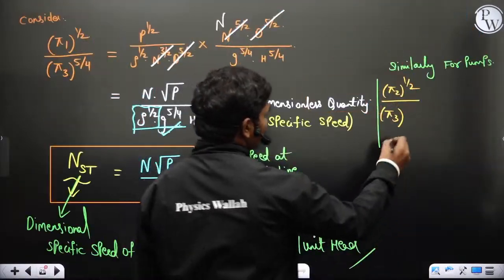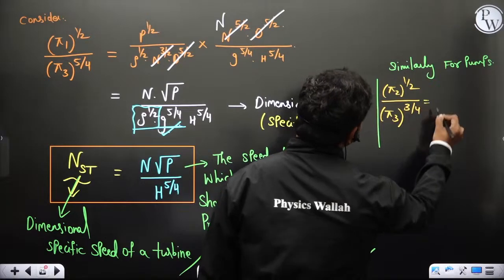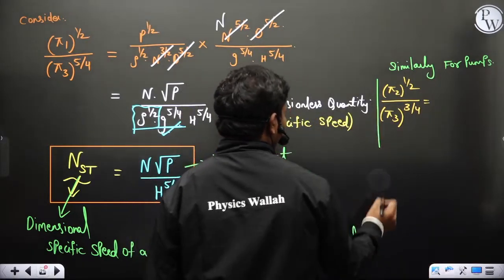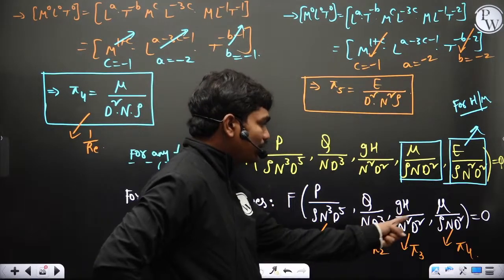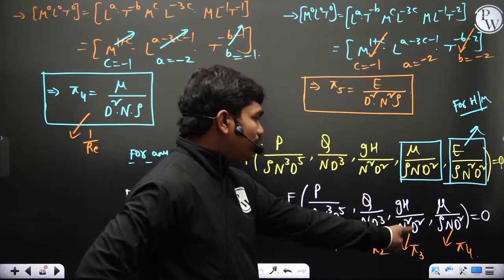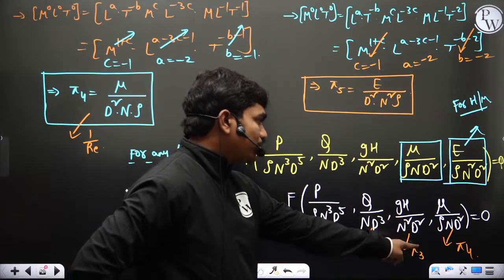Anyway, if you don't know, we'll try to eliminate the diameter and we'll get the constant easily. In this pi 2, D cube is there, so if you want to eliminate this, we should have power 3 by 2.